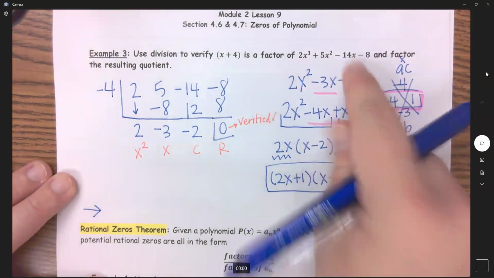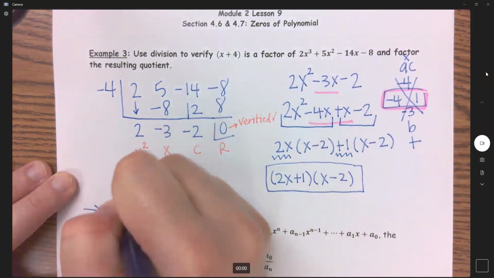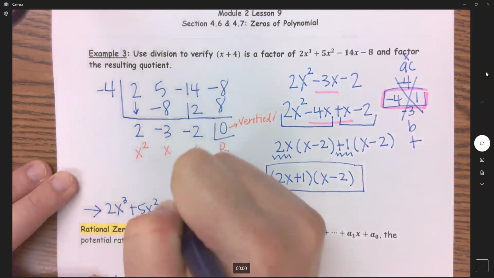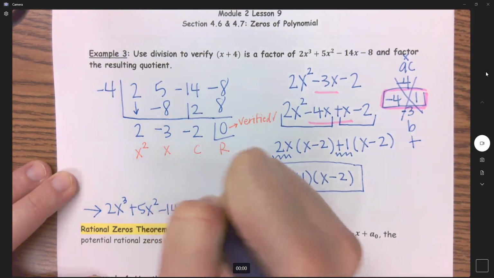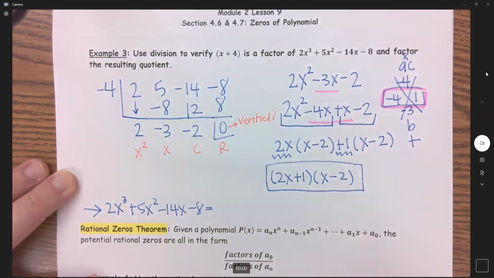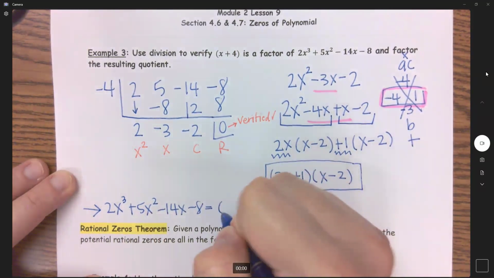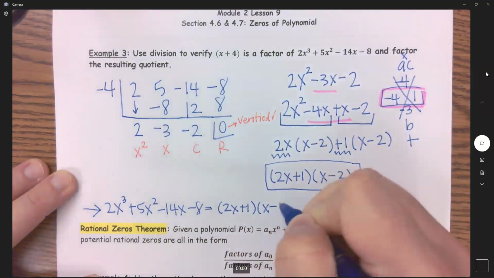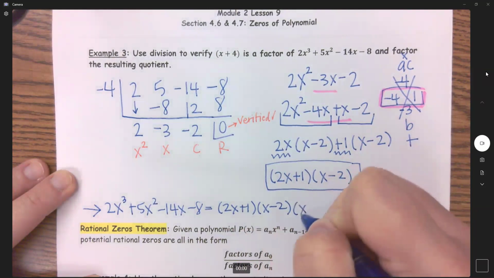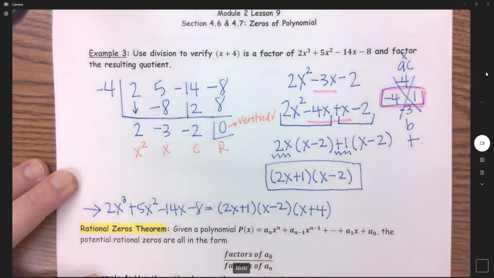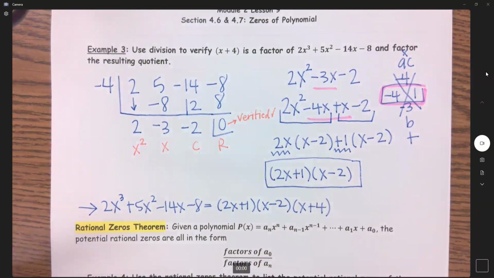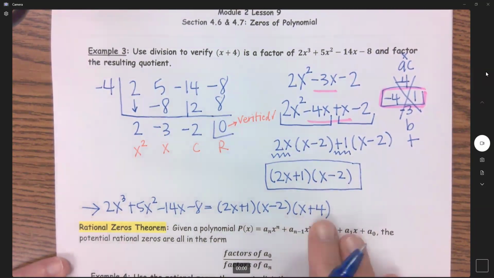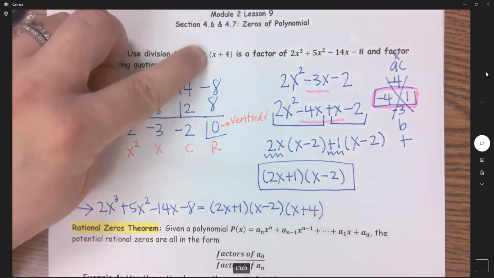This polynomial, 2x cubed plus 5x squared minus 14x minus 8, equals 2x plus 1, x minus 2, and x plus 4. So a lot of times when I'm teaching this in class, I get, well, where did this x plus 4 come from? And that's what we originally divided out.